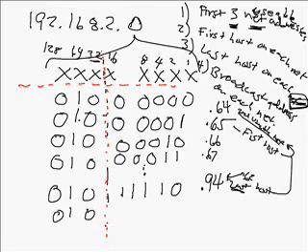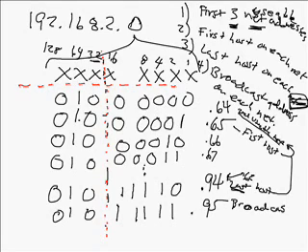So the broadcast address here is 010 and 11111, which is 95. That's the broadcast address on the second usable subnetwork. Now this makes sense because, what's the next number in line? These bit positions here are full, correct? 11111, that's it.